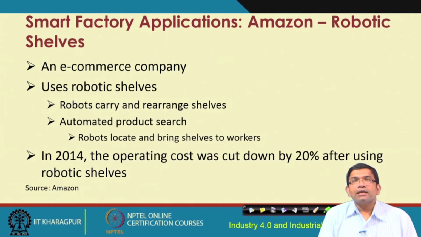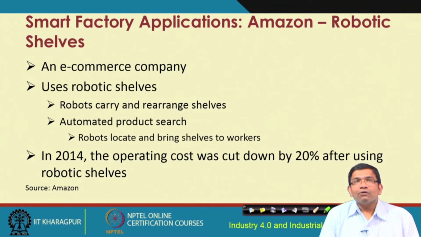Amazon basically has the robotic shelves, and as the name suggests, Amazon uses different types of robots that will carry these shelves and rearrange these shelves. Amazon is an e-commerce company, as you know, and the robotic rearrangement of shelves is very important, and that makes the processes much more autonomous, efficient and so on.